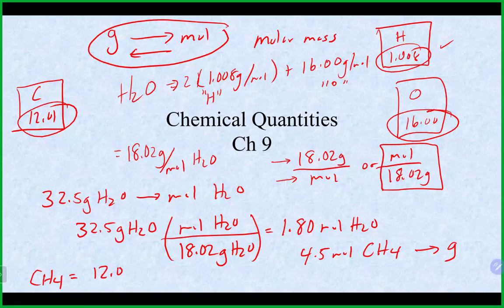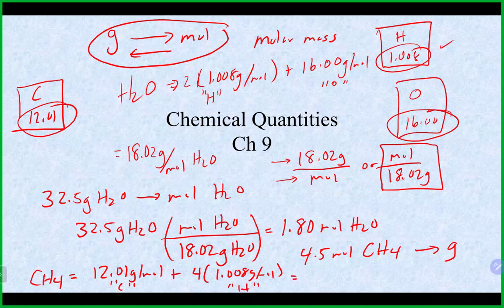So there's 1 carbon at 12.01 for the carbon. We would add it to 4 times 1.008 grams per mole, which is for our hydrogen. And that's going to get us there. 16.04 grams per mole, which is our molar mass of CH4.